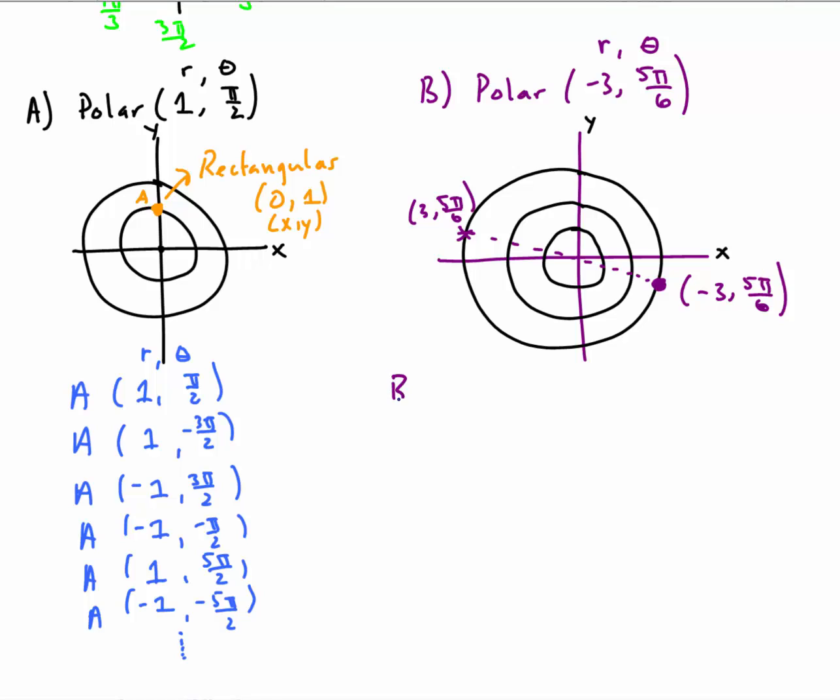Well, let's go ahead and plot that point several different ways. Let's rewrite it several different ways. I could have positive r, I could have negative r, I could have positive theta and negative theta. So for instance, let's stick with that -3.